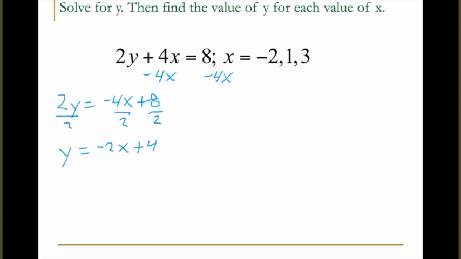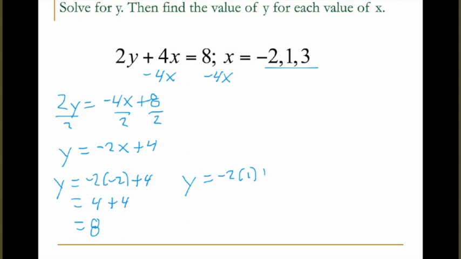Now we are going to substitute these in one at a time and see what our y values are for each. We have y equals negative 2 times negative 2 plus 4. This equals 4 plus 4. This equals 8. We'll do the same thing with 1. Negative 2 times 1 plus 4.